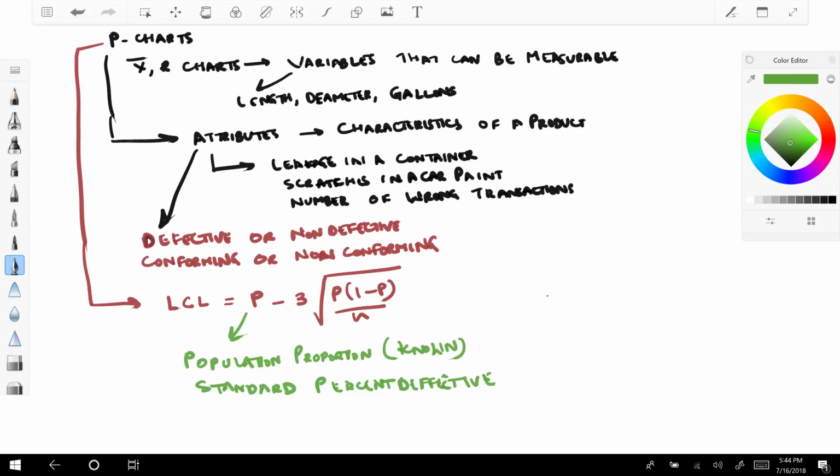So if there are standards for defective, then we can say it's a population proportion.